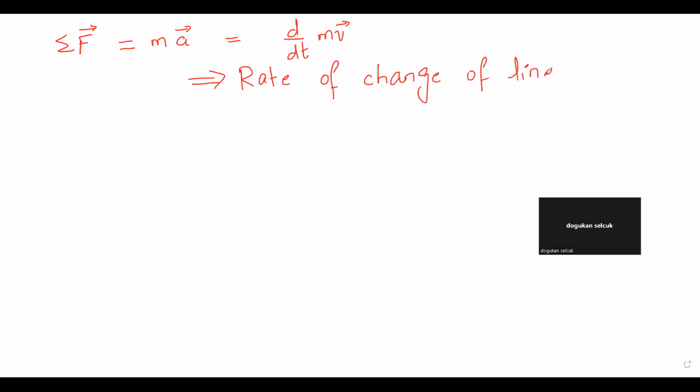How many students have already taken a fluids course? Anyone who wants to raise their hands? No? No one? Fluid mechanics. Okay. Rate of change of linear momentum is force, right? In fluid mechanics, you will also go over a formula. Anyway, since you haven't taken fluid mechanics, no need to go to that side.